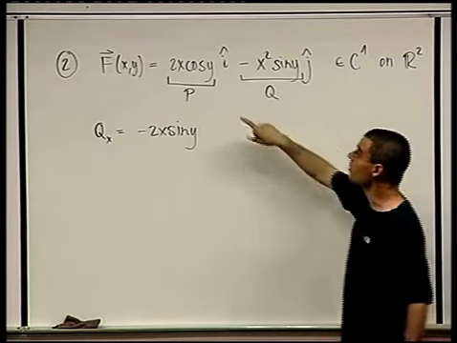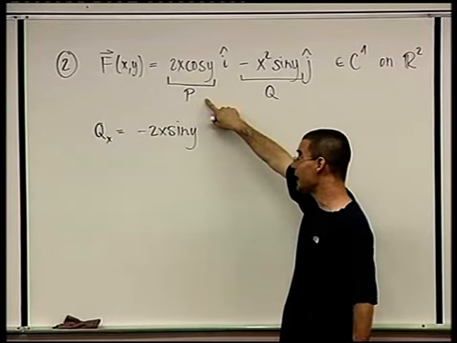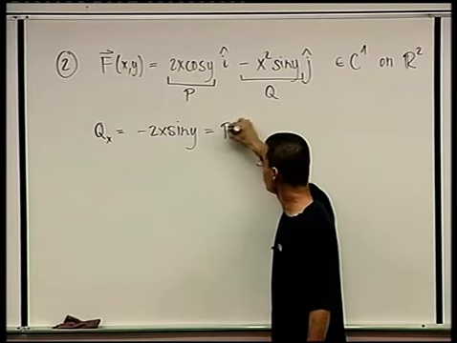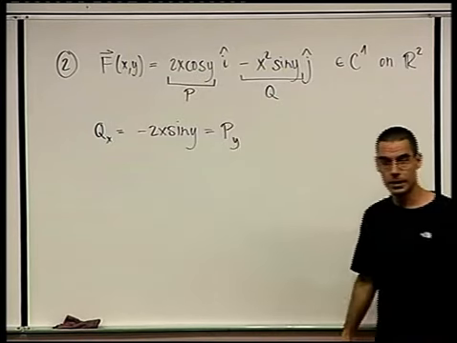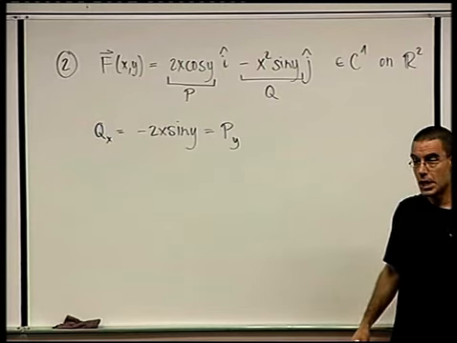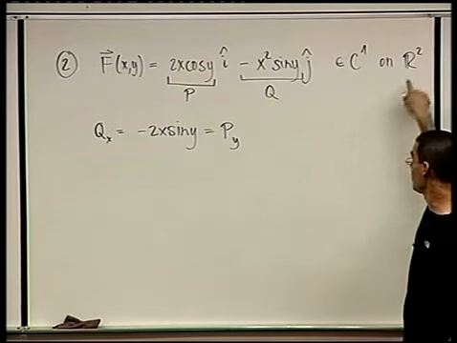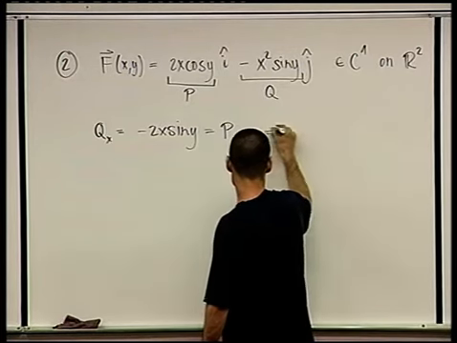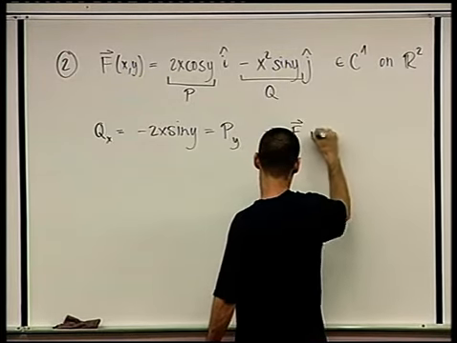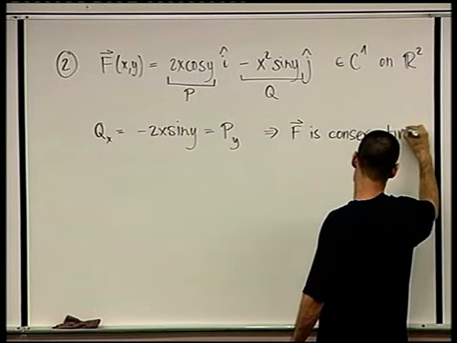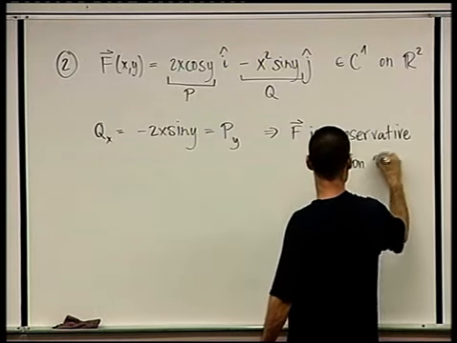What's the derivative of p with respect to y? It's minus sine y times 2x. It's the same. Do you agree? So this specific field is conservative on all of R2. It is conservative on the entire plane.